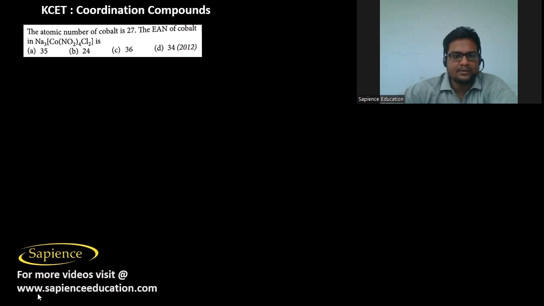Here it is given that the atomic number of cobalt is 27. The EAN of cobalt in this complex is how much? EAN stands for the effective atomic number.